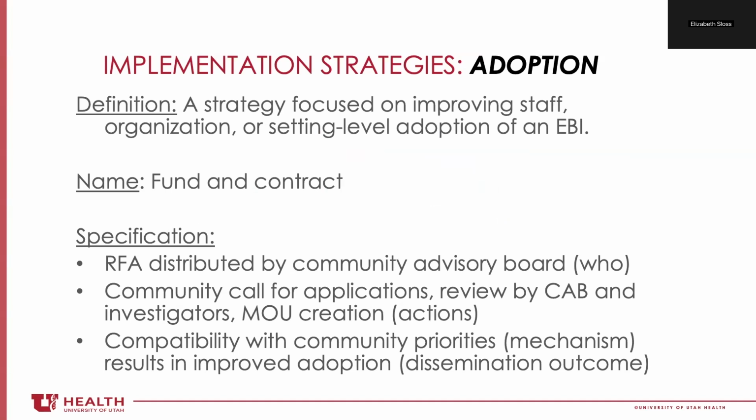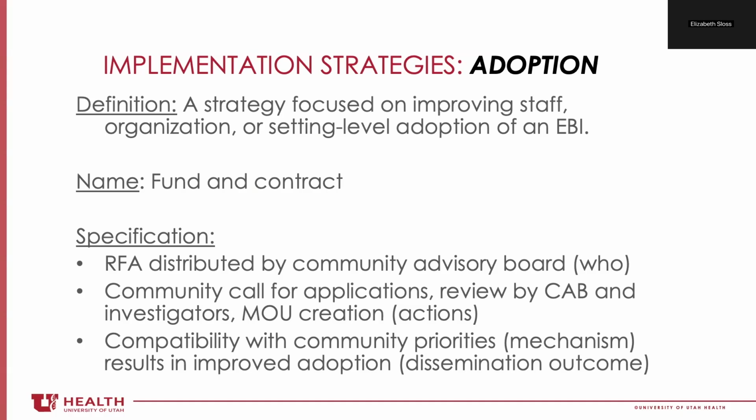So this is a strategy focused on improving staff, organization, or setting level adoption. We say who does it: the advisory board distributed our RFA. And then we have a community call for applications reviewed by our community advisory board and investigators. And then we create a memorandum of understanding with the communities. Those are the actions.